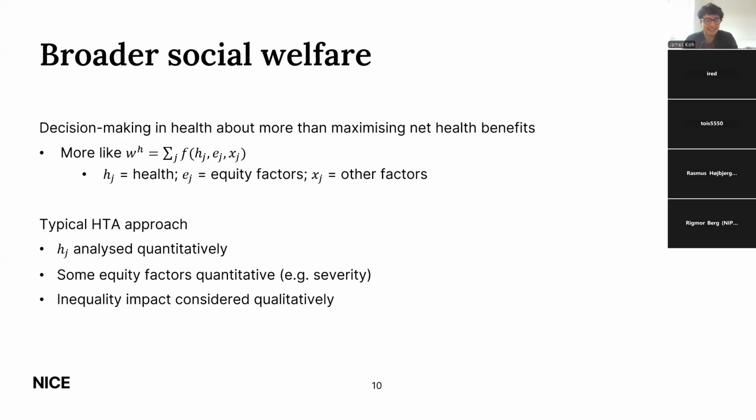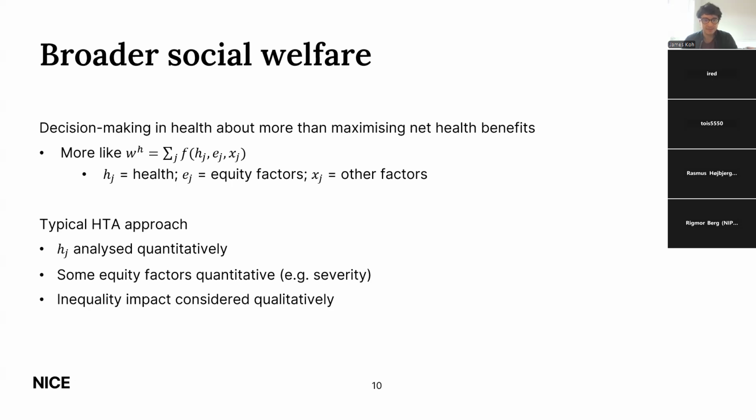But in practice, and I think this is intuitive to all of us, decision making in health is about much more than maximizing the raw sum of individual health. It's more like summing across some function of not just individuals' health, but a bunch of other factors, some related to fairness and equity, and plenty of others.